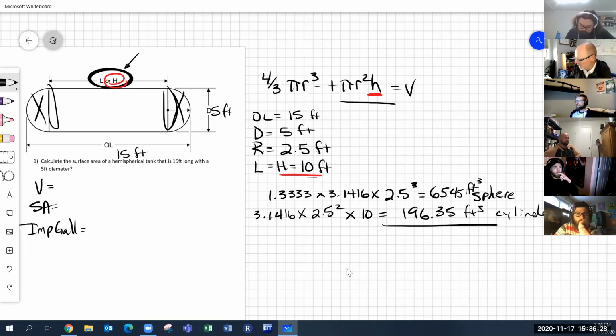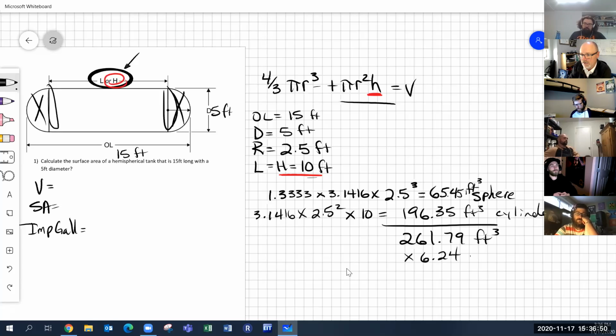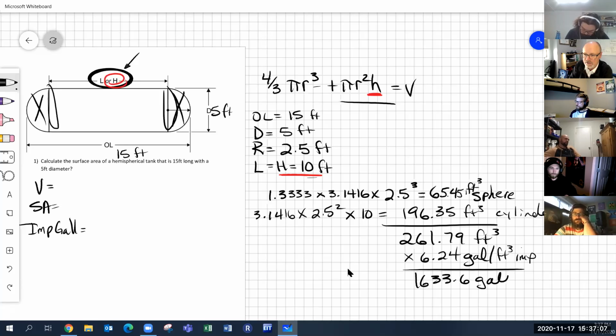And we add those two together to get a total volume of 261.79 cubic feet is my volume. And I could simply then multiply that by 6.24 gallons per cubic foot imperial measure to get 1,633.6 gallons in that tank.